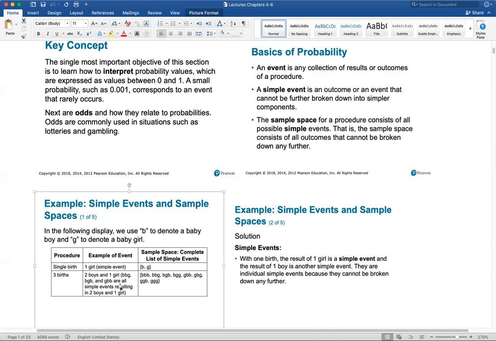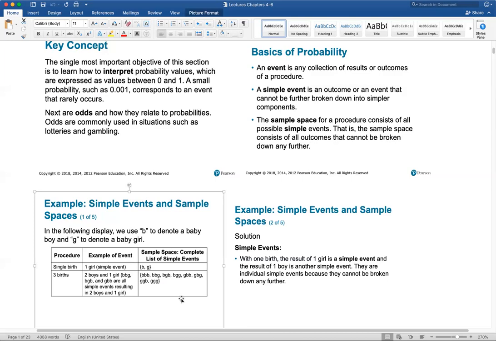Each outcome consists of 3 consecutive letters, B or G, so BBG, BGB, and GBB are simple events, and the set of these 3 outcomes must be the event.